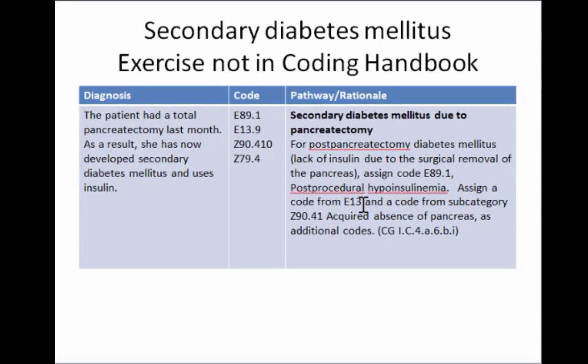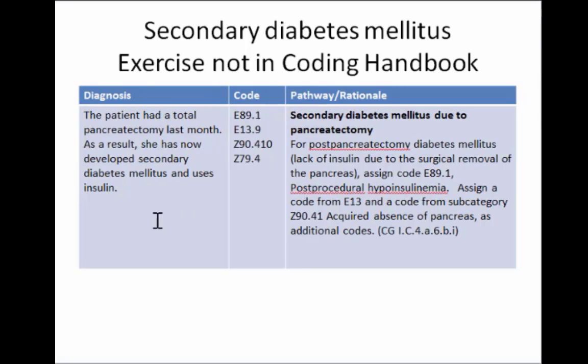You assign a code from E13 for your secondary diabetes and the Z90.41 code for acquired absence of pancreas. Of course, it mentions she uses insulin, so that's our Z79.4 code.